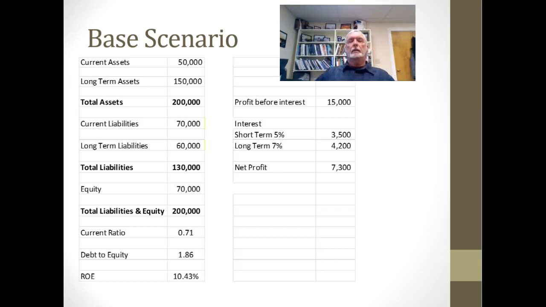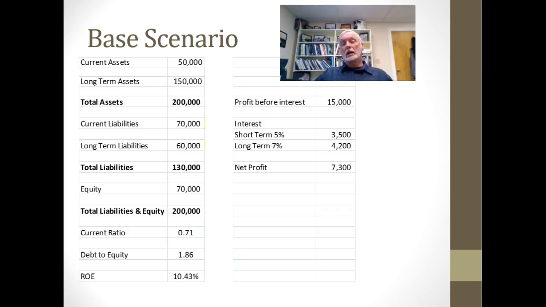We have current assets of $50,000. We have long-term assets of $150,000. So we have total assets of $200,000, or maybe it's 200 million if we're dropping some zeros here. It doesn't really matter. We'll use thousands. So total assets of 200,000.